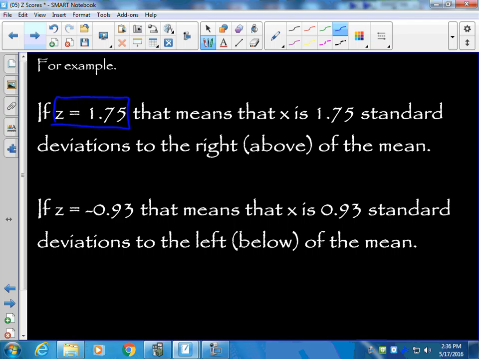If we have a negative z-score, a negative z-score tells us that this value is 0.93 standard deviations below average. Okay, so using 0 as the center of the normal distribution, our z-values can be above or below, and now we can make comparisons and find probabilities.